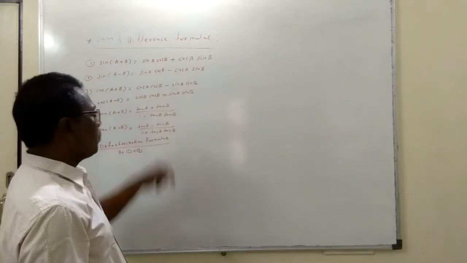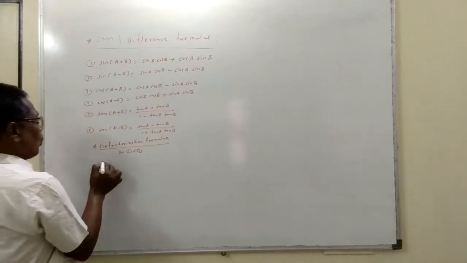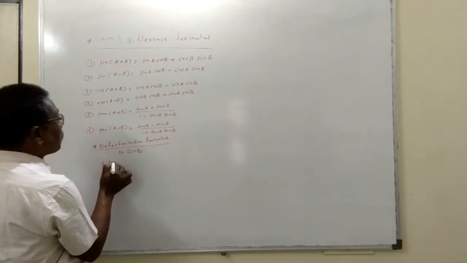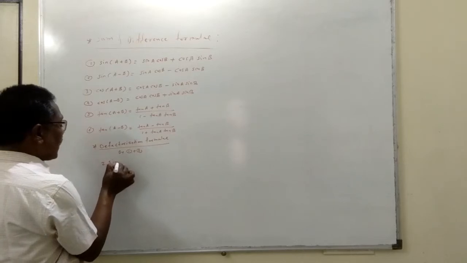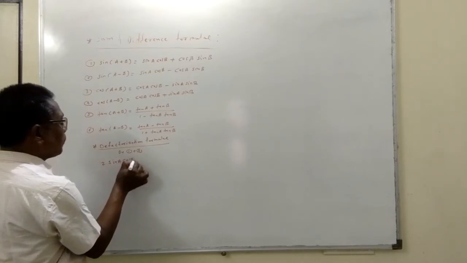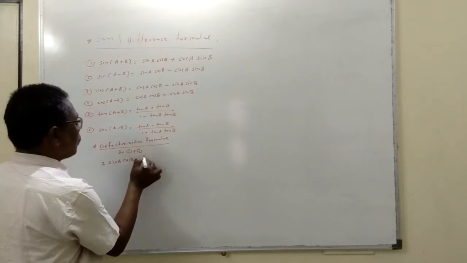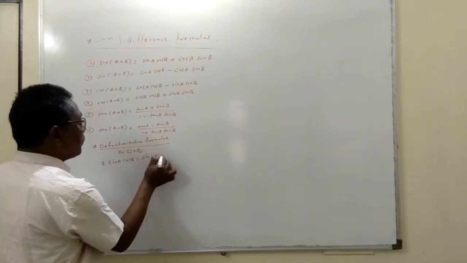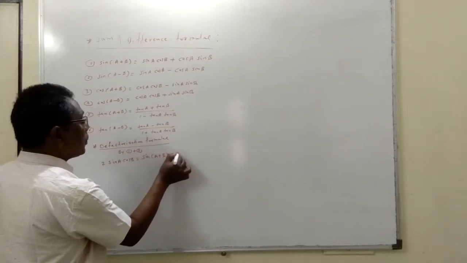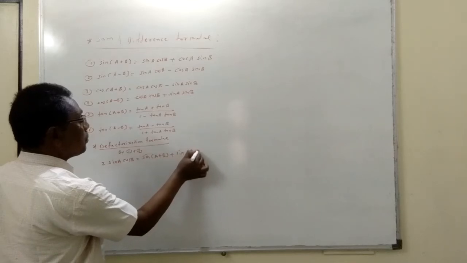Sin a cos b is the same term, so that is 2 times. So we get the first formula of defactorization: 2 sin a cos b is equal to sin(a+b) plus sin(a−b).